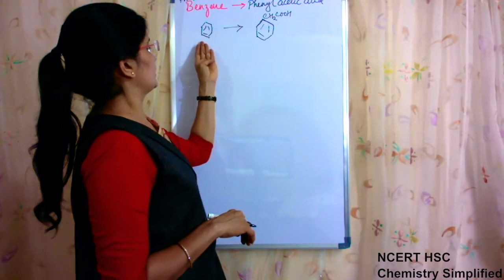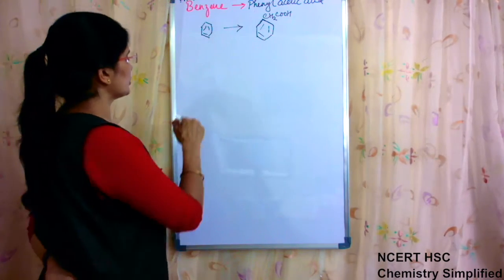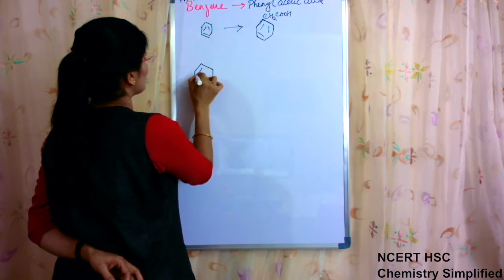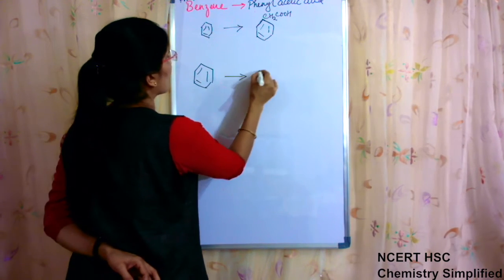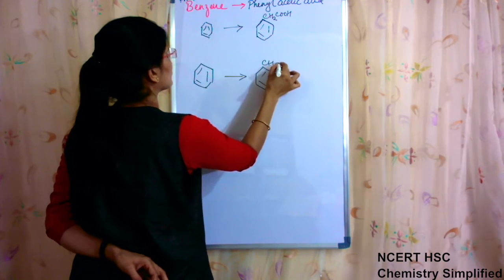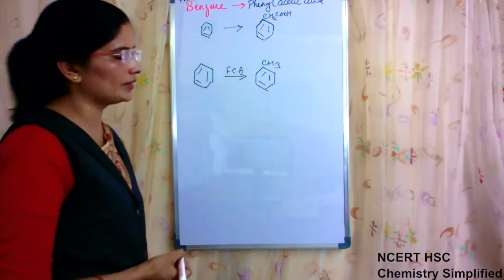Now this has no functional group, and that has an acidic functional group. So the first step is conversion of benzene into methyl benzene. By Friedel-Crafts alkylation we can do this simply.